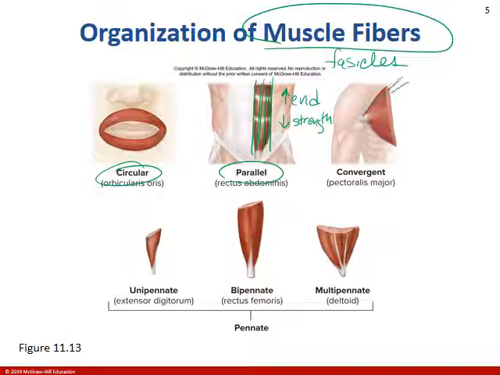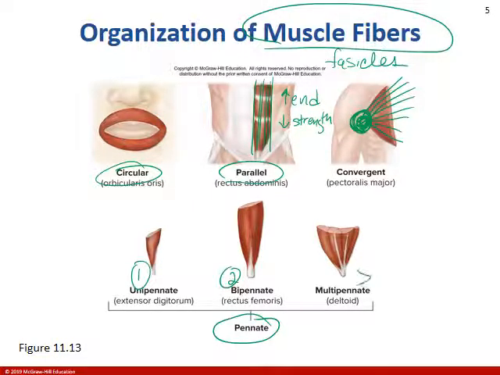Convergent, you can see that all of the muscle fibers kind of converge on this one attachment point. This gives us a little bit of versatility. You're not putting tons of pressure or force or tension on the tendon. You're kind of spreading it out over the muscle. And then we have this pennant group. So we have unipennant 1, bipennant 2, and then this is 2 or greater.